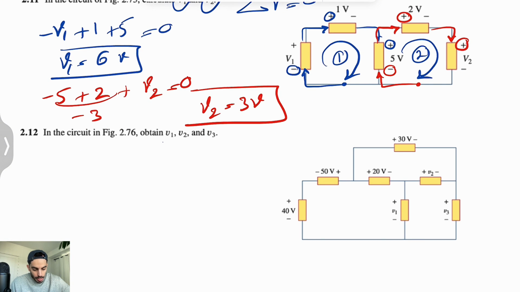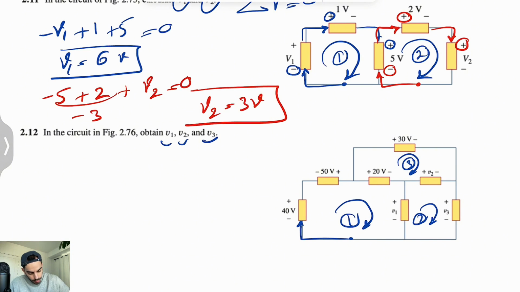All right, so same idea in the second question. This time we have 3 unknowns and we have 3 loops too, so we should be able to find all of them. Let's call this one first loop, second, and this will be the third one. Okay, so let's move on to the first one. We are moving from this point, getting to the negative pole.